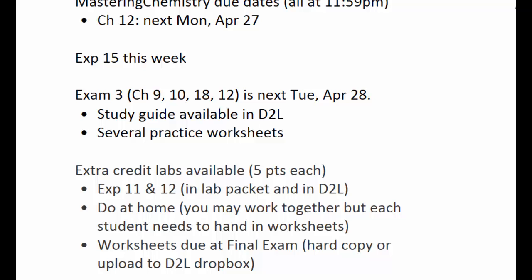So you do those at home in your kitchen. It's fine to work together, but each student needs to hand in your own worksheets for it. Okay? They are due at the final exam, which is actually coming up sooner than you would think, but you can either hand hard copies in, or I'm going to have a Dropbox in D2L that you could upload files into if you like. Okay? But all the instructions are in there. You can follow the instructions.